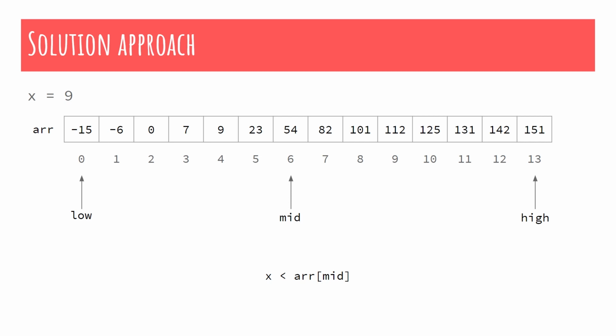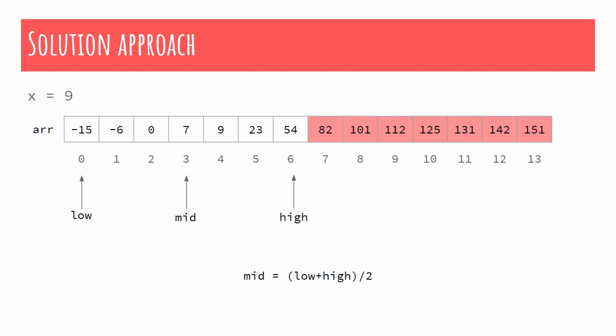Therefore, we limit our search to the first half of the array. At first, I'll move the high index to the earlier mid position, and then recompute the mid value: 0 plus 6 divided by 2 gives us 3. Therefore, I move my mid to the third position.